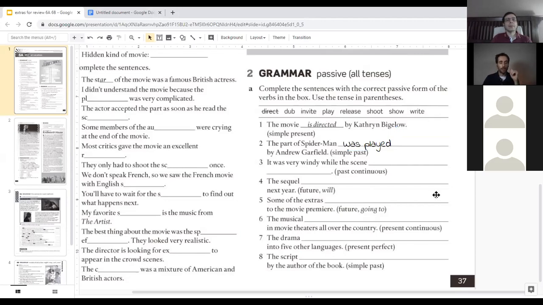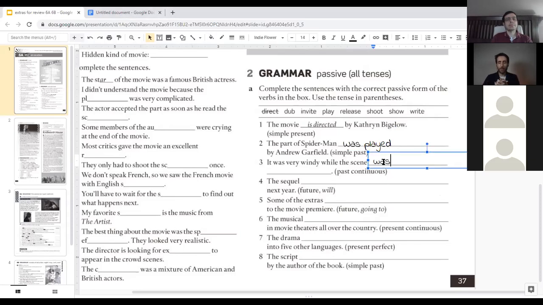Thank you, Fidel. Number 3. What do you think for number 3, Robert? And it was very windy while the sun was... Almost, but no. "Was" is correct, but remember that we need to use past continuous, -ing.